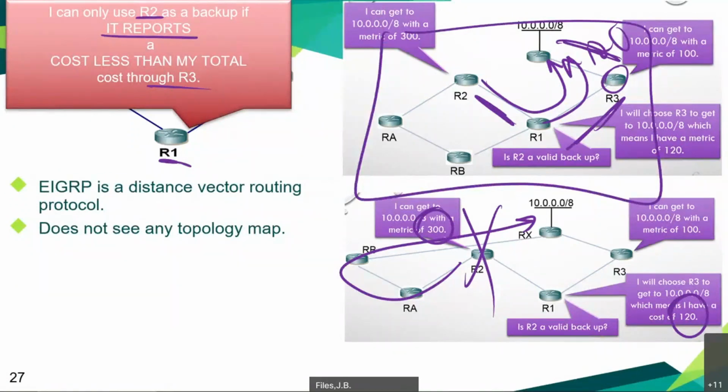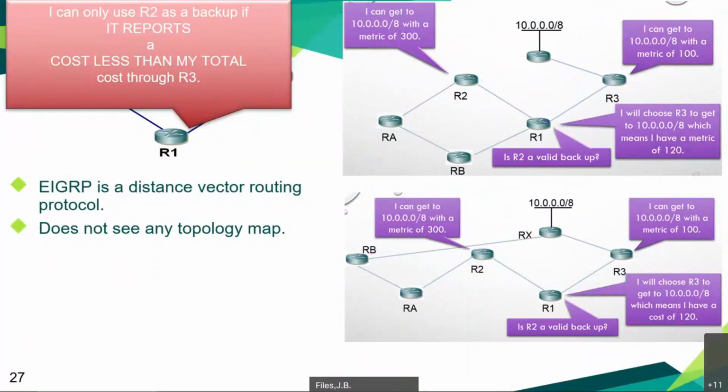It has to basically calculate every possible path to every possible destination. With EIGRP, we don't have that kind of calculation, but we also lose the benefit of seeing the network as a whole, which means now we need to rely on this feasibility condition in order to calculate backup routes.